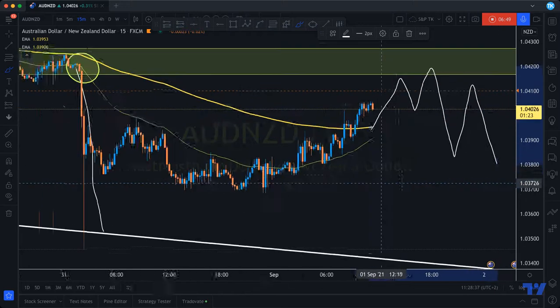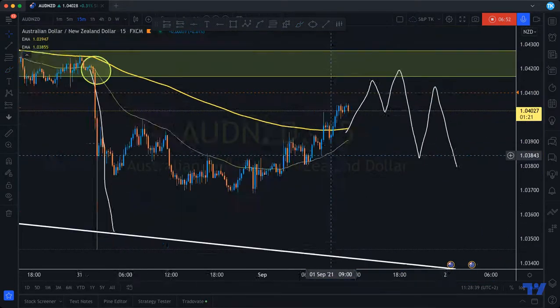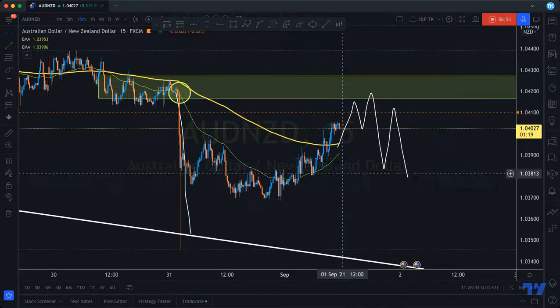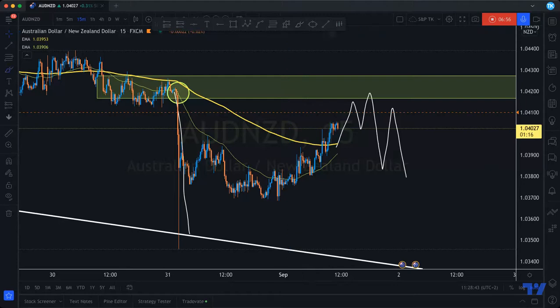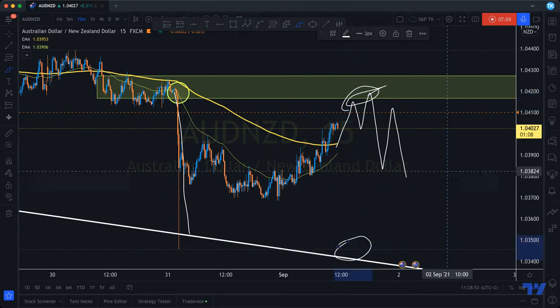I want to see this kind of movement, and a lot of the time here there is a divergence or a side divergence.